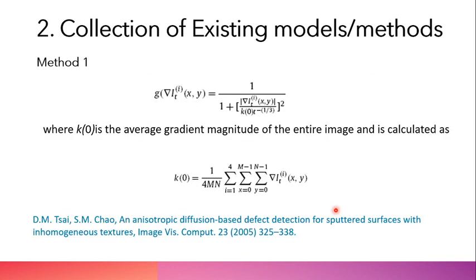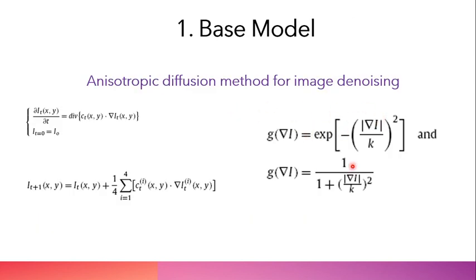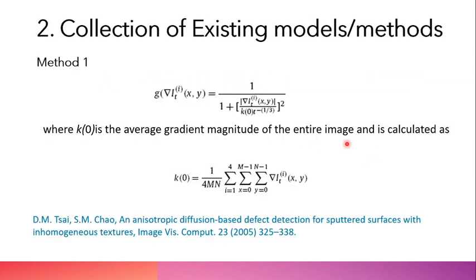So here, the second step is collection of existing models or methods. Method 1 I am showing here. Note down, they have modified one part in the equation. You compare, you can see this. This is the equation, and they have modified this equation, k0 t to the power of minus 1 by 3, where k0 is the average gradient magnitude.